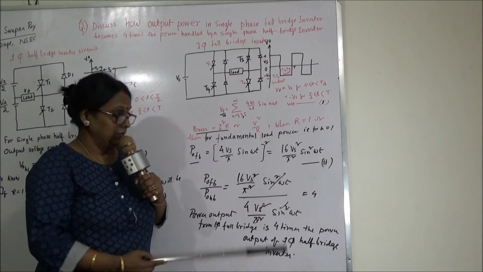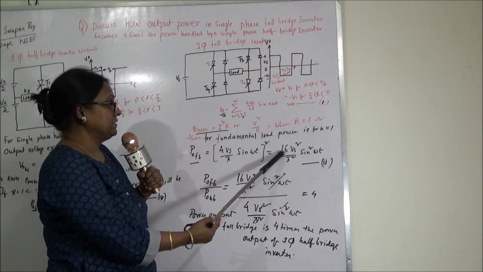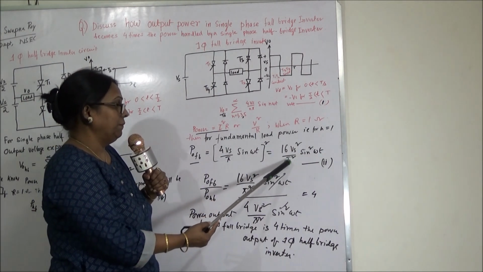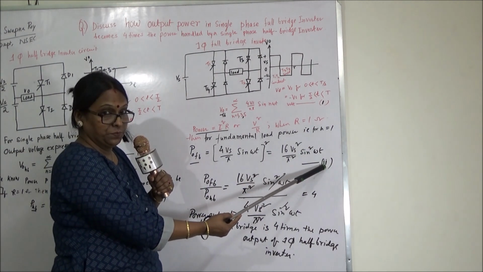If I square it, I will get 16 Vs square by pi square sine square omega t. So this is equation 2.